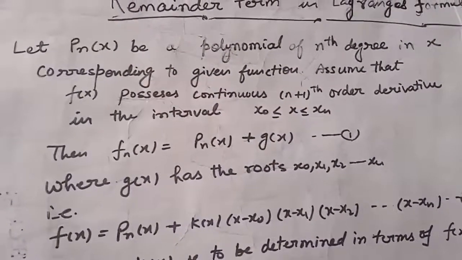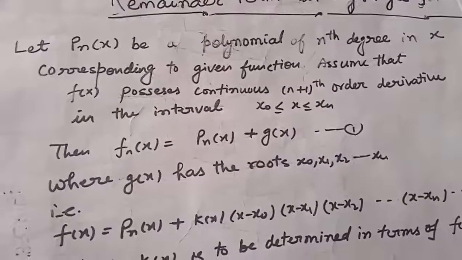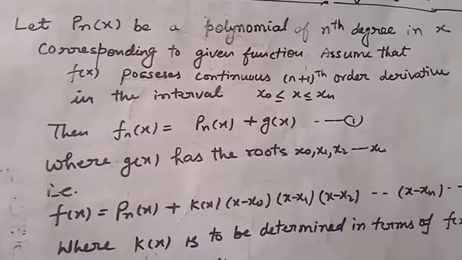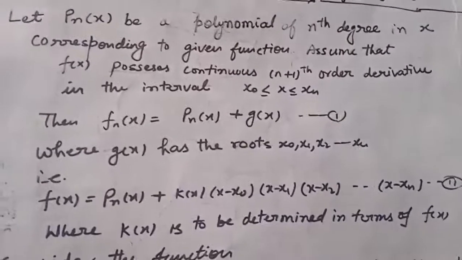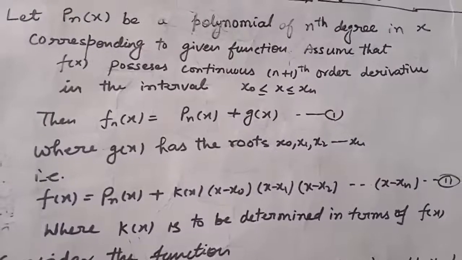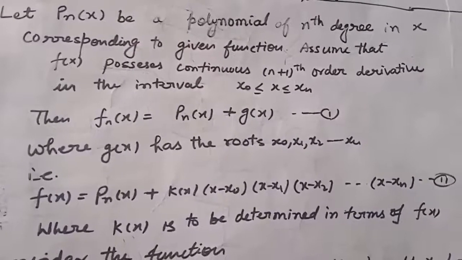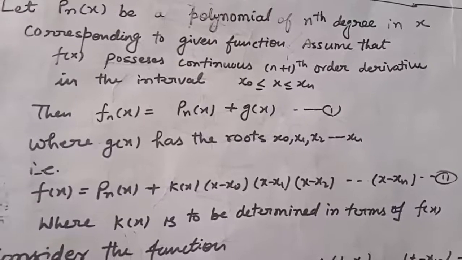So for known alpha and beta, you write the quadratic equation as k times x minus alpha into x minus beta, and in the same manner you can write here, if x0, x1, x2, xn are the roots of the equation, then g(x) can be written as k(x) times (x minus x0)(x minus x1)(x minus x2)...(x minus xn), in the factorized form.